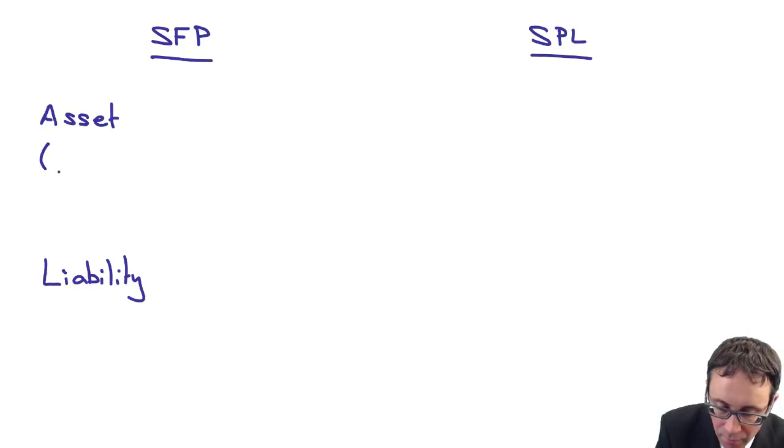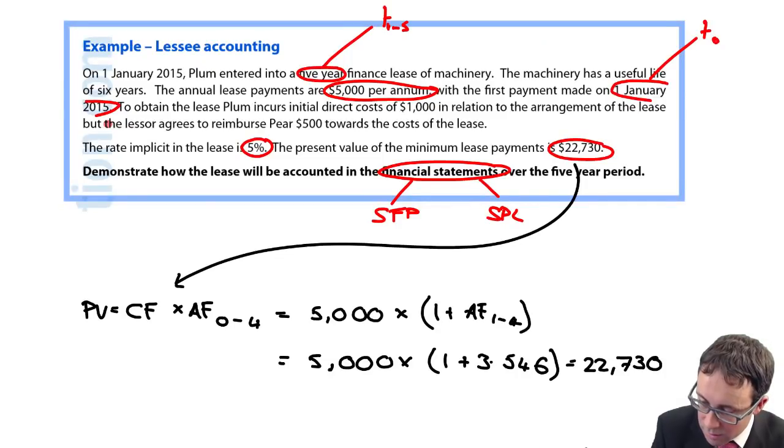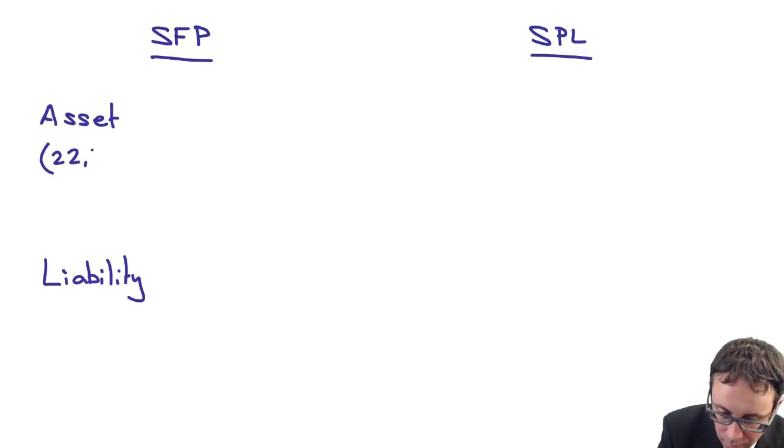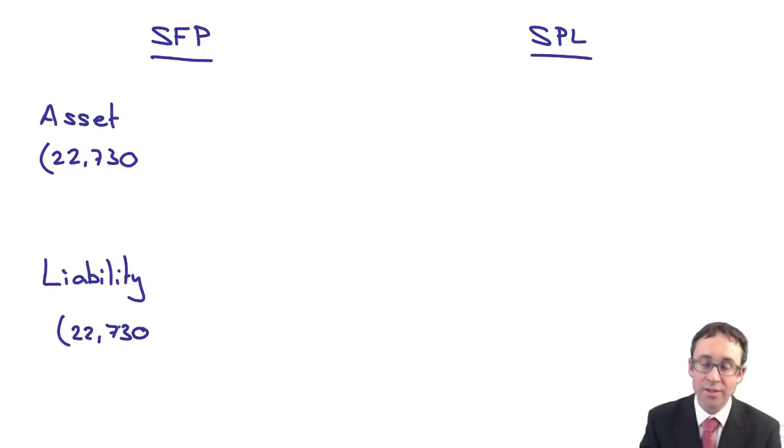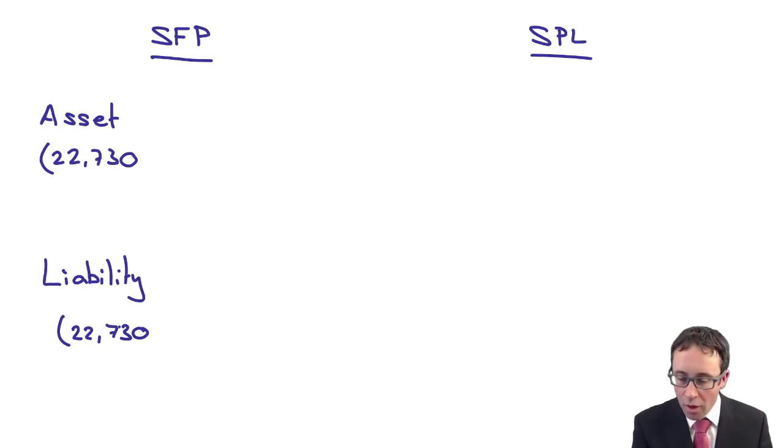Okay. My right of use asset starts off there at, let me just check, was it 22,730? And the liability is at 22,730. Okay. What then happens?